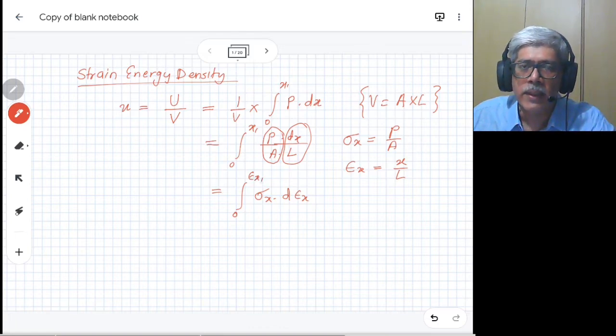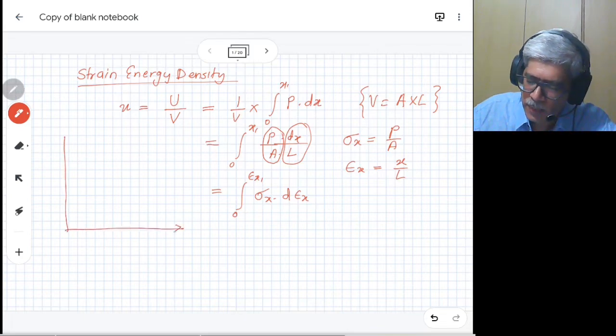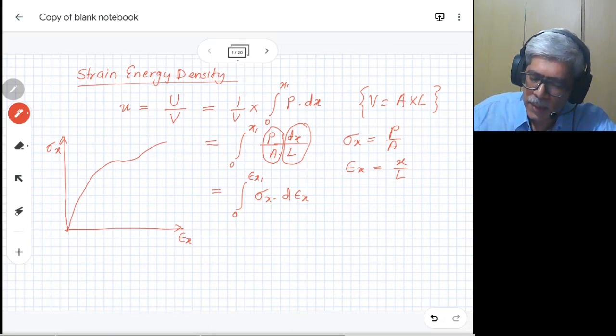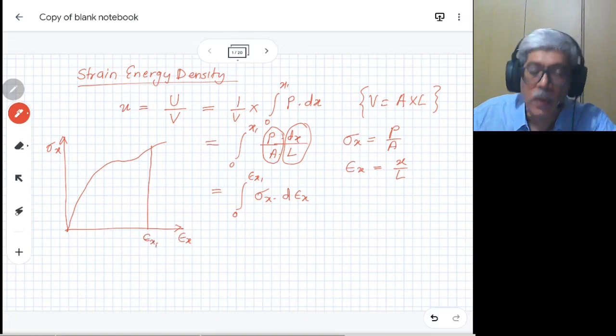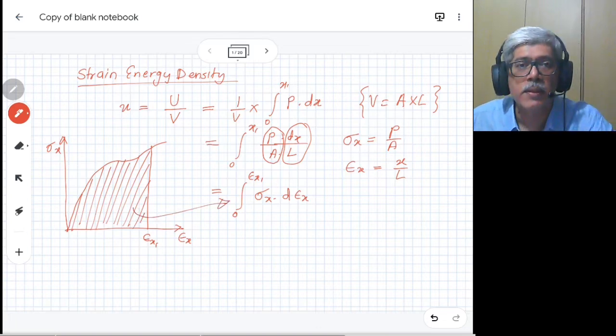So this particular entity is nothing but the area below the stress strain curve. If you plot the stress strain curve for this particular body, for example, if we assume a stress strain curve like this, till the point the strain has become epsilon x1, the area below this curve would be given by this integral, integral sigma x into d epsilon x.